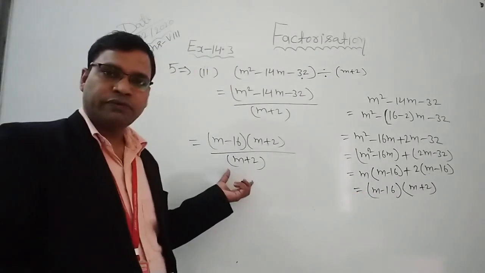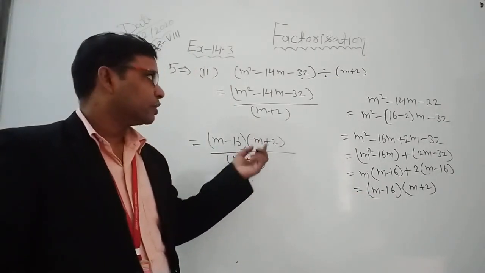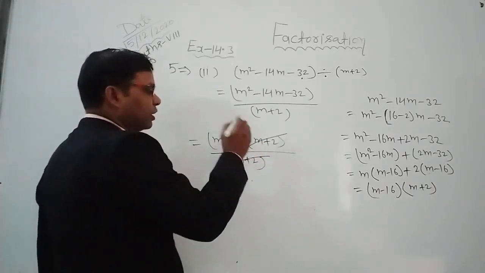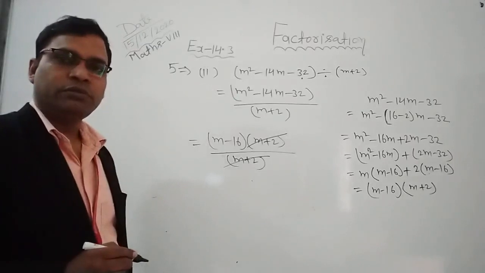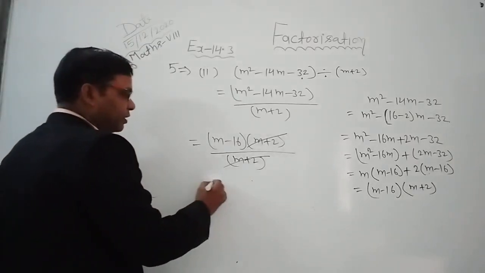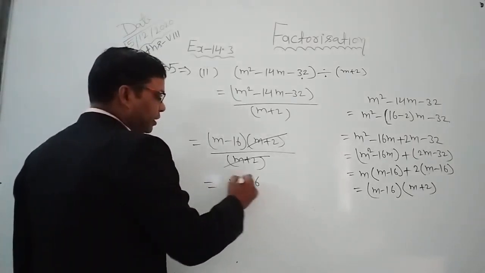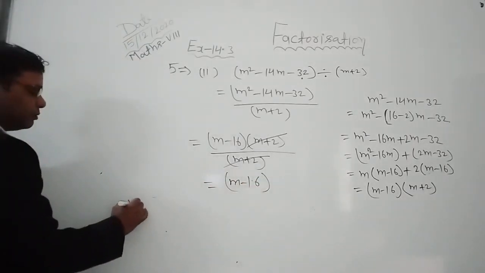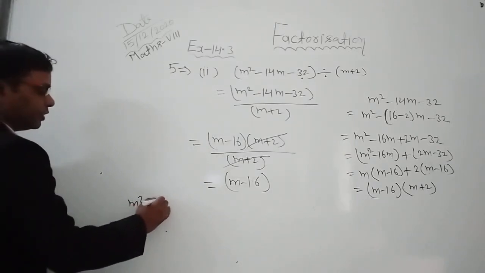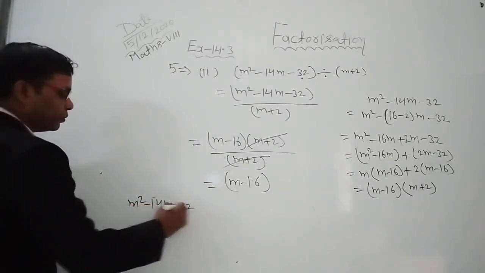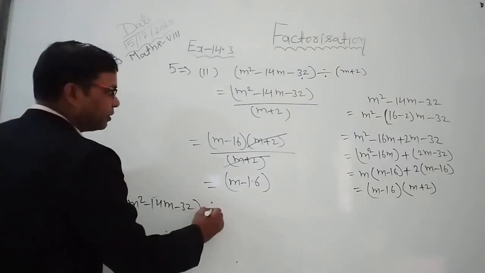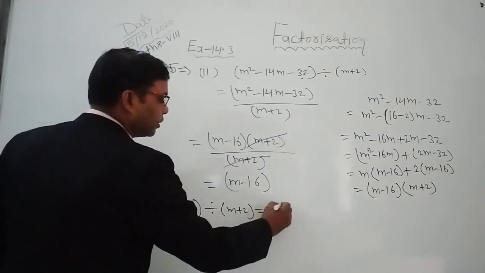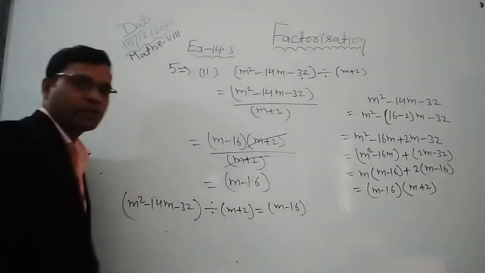Here we observe that m plus 2 is common between them, so it will be cancelled and we will get m minus 16 as a quotient. It means that if you divide m square minus 14m minus 32 by m plus 2, then you get m minus 16 as a quotient.